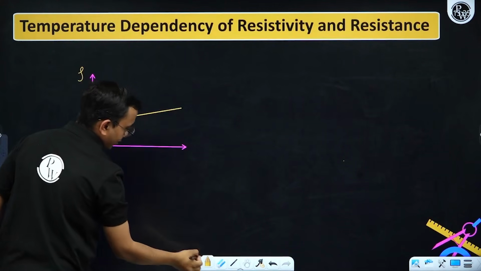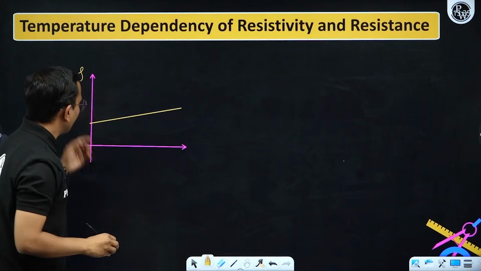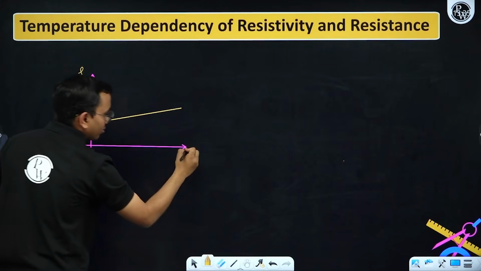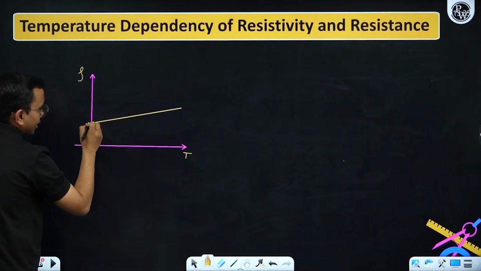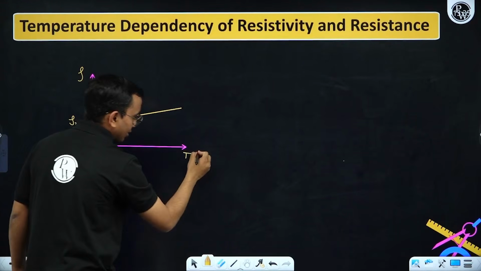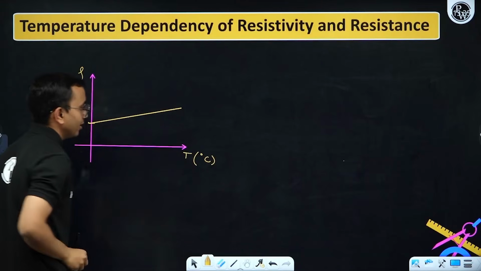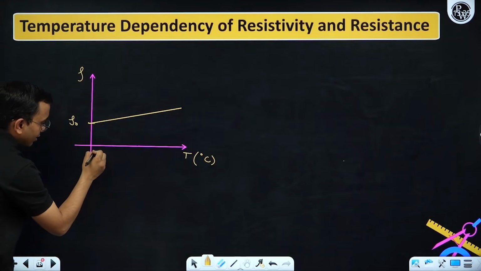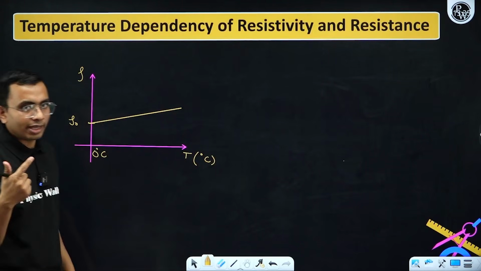Somewhat like this, this is how it varies. Here this is my temperature, and let us take this as rho naught at T equals 0. This I am taking in degrees Celsius, so this is my 0 degree Celsius. We are taking 0 as a reference.